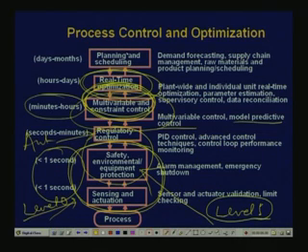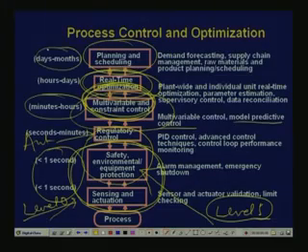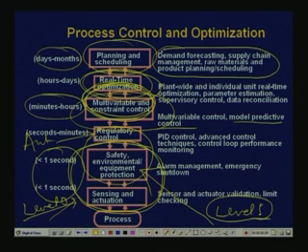And then finally on top of that you have the planning and scheduling modules, which, as I said, decide what is to be made and typically work on days, weeks, months kind of time frames. So, this is a diagram which shows the various kinds of technologies that are used. For example, for planning and scheduling, you have to do demand forecasting and supply chain management.